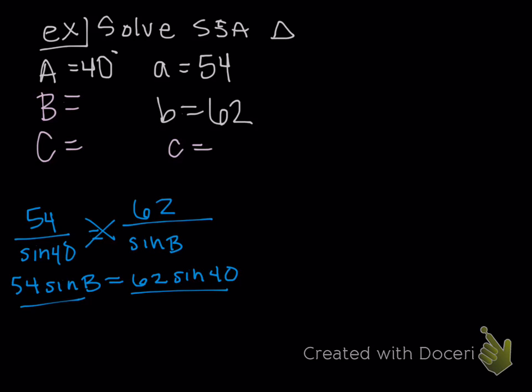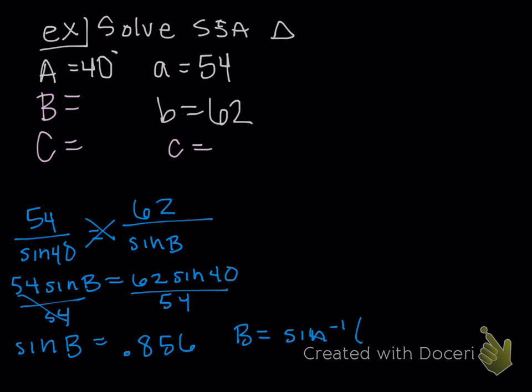And then we would divide both sides by 54. So now I have sine of B equals, and again, we'll type this in the calculator and round to 3 decimal places. So this equals 0.856. And then to get angle B by itself, we'll take the inverse of this. So angle B is going to equal the inverse of 0.856.